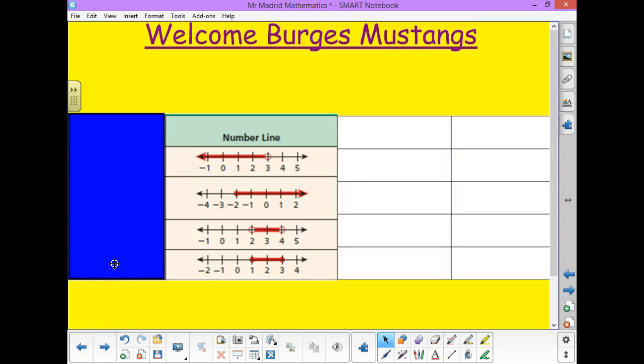Alright guys, we're going to be looking at notation styles, and the first one is inequality. Type that in here. And the other one is interval.